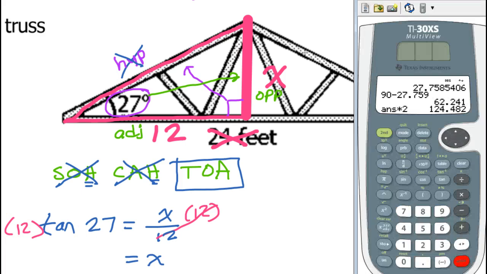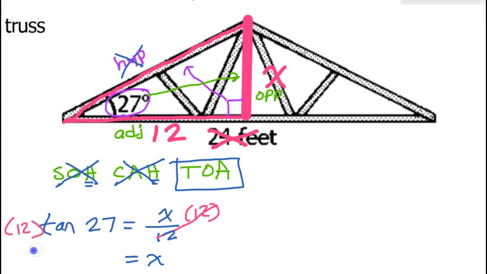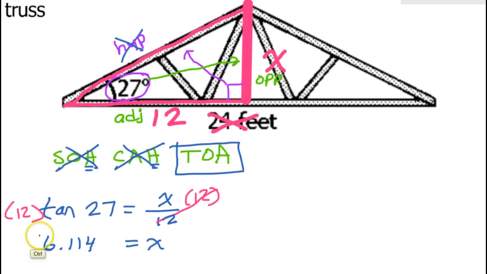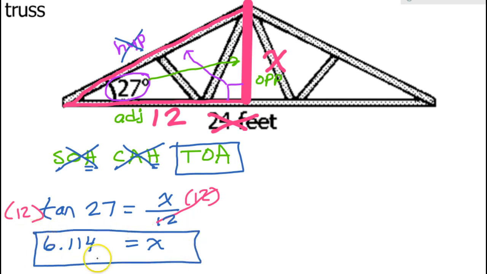We can just put this in our calculator: 12 tangent 27. 6.114. So that's it. That is the height of the truss that we were looking for. And we should say feet, because units.